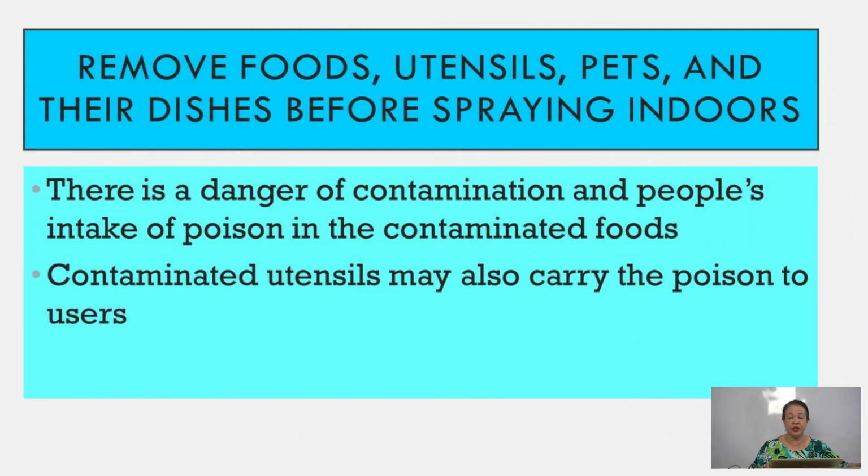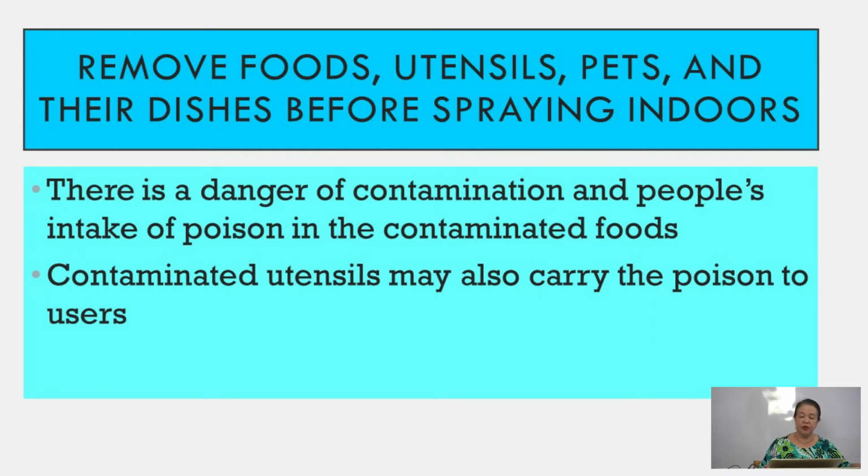Remove foods, utensils, pets, and their dishes before spraying indoors. Why? Because the utensils, the pets' dishes will be contaminated by the pesticides, and once the pets eat from their containers, there is a danger that they will also take in the pesticides, and it will cause a harmful effect to their body.